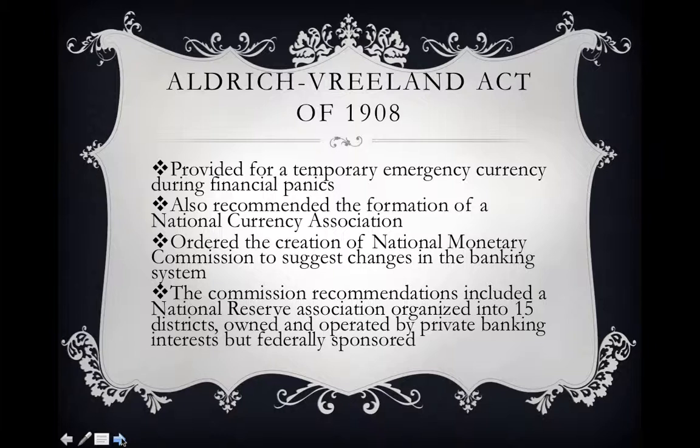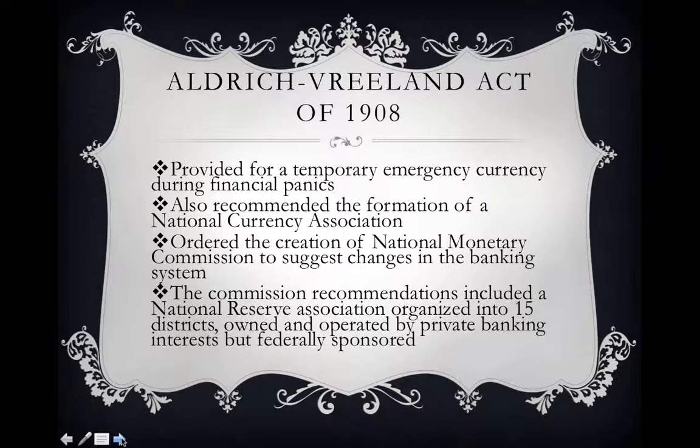And the National Monetary Commission was suggested to be put together to take a look at the banking system and how we could mold the banking system in a way that it was more stable, that we wouldn't have these periodic, it seemed like every 10-year, financial panics.